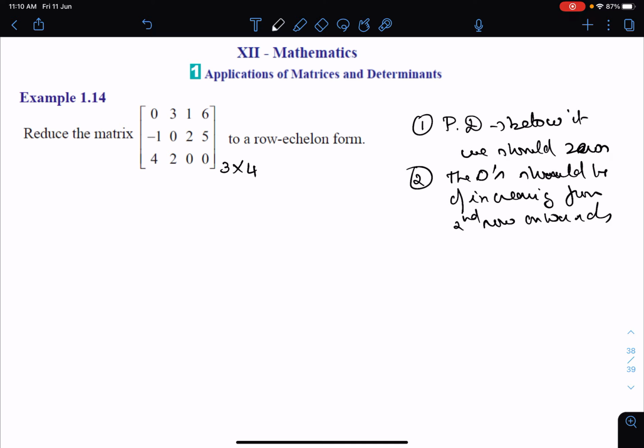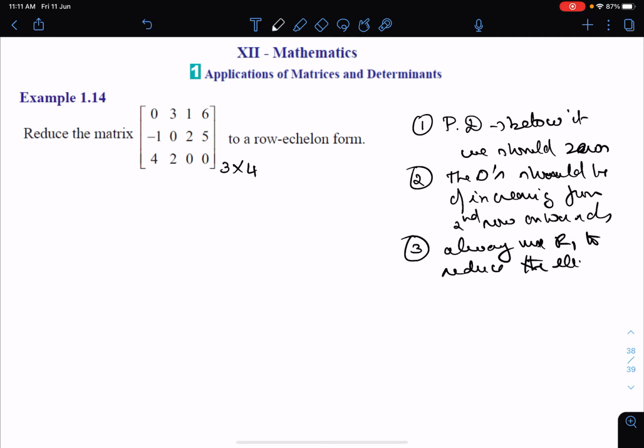The third point: when you reduce the second row and the third row, below the first column, when you get 0, you should always use row 1 to reduce the elements below to 0.